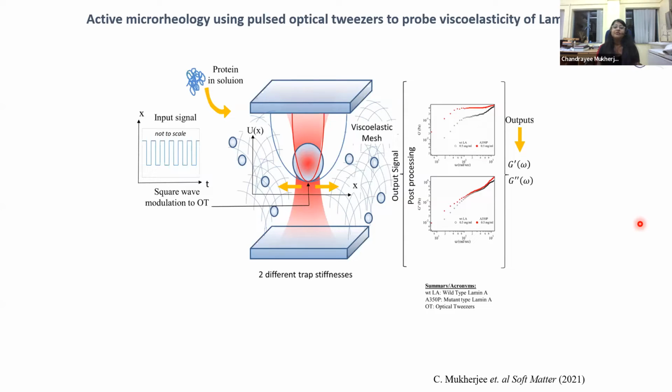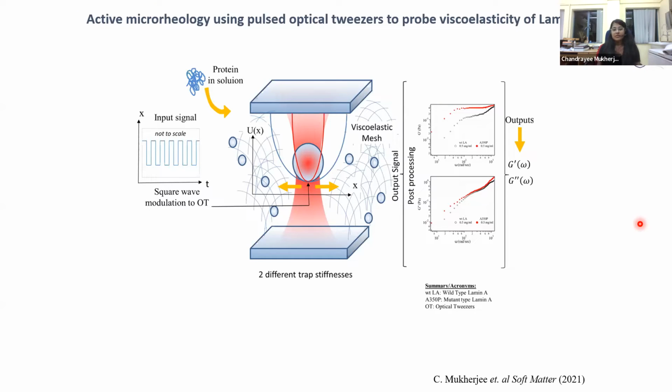And as an extension to that study, I have tried to determine the viscoelastic properties of lamin with the help of optical tweezers, which is a parallel high throughput process, much faster and a more robust process than the commercially available rheometers.